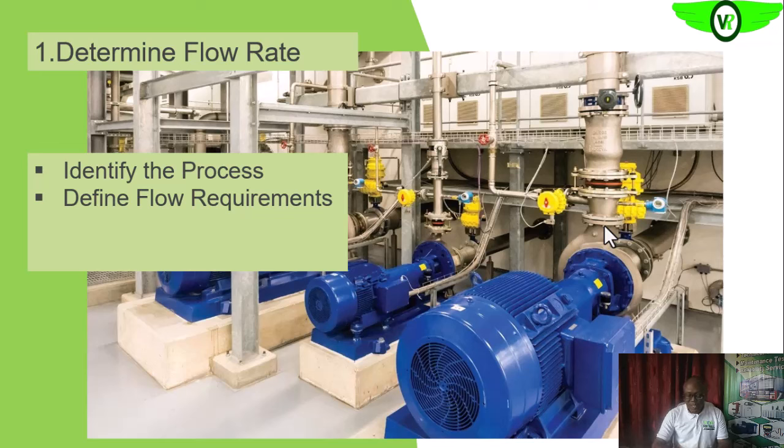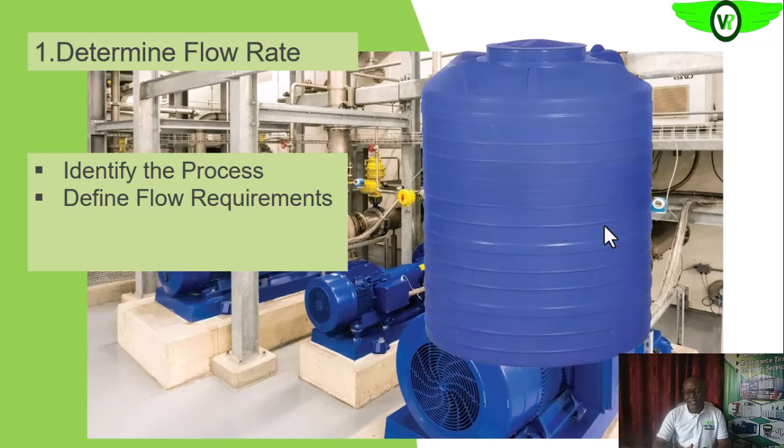If you are sizing, say, for domestic use or for a tank to transfer liquid to a tank, as you can see on your screen, what you need to do is to determine the volume of the tank and then also determine the amount of time that you want the tank to be filled.